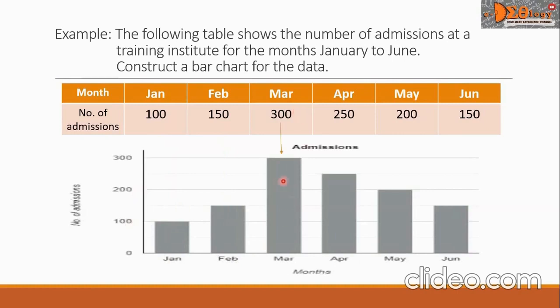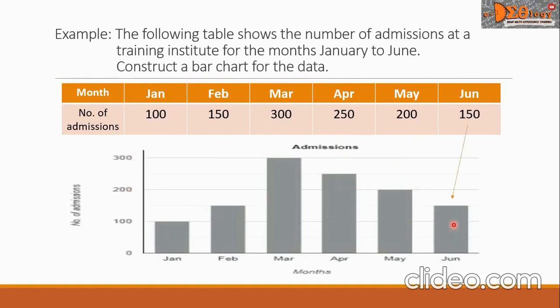So the level here is between 100 and 200. The third rectangle is for the month of March, and this is the highest numbered frequency. The fourth rectangle is for the month of April, and the frequency is 250. You can see here that the level of the rectangle is between 200 and 300. The next rectangle is for the month of May with the frequency 200, and the height of the rectangle is on the level of the 200 frequency.